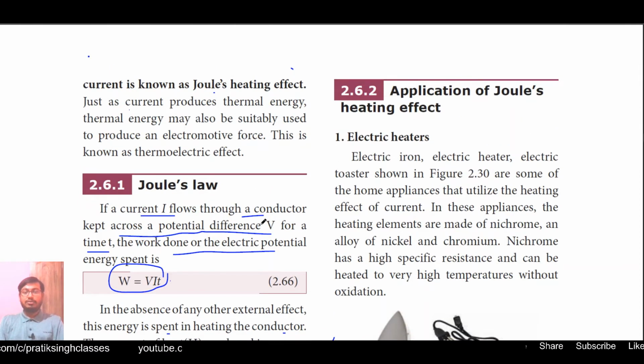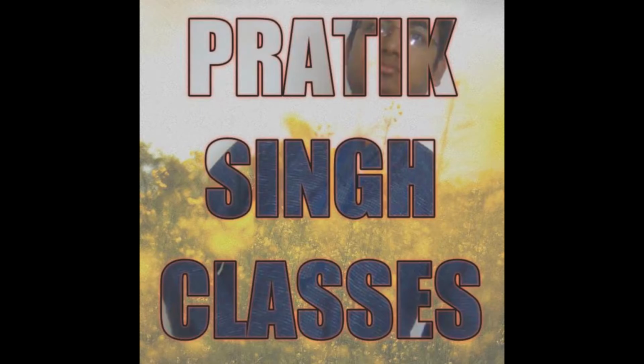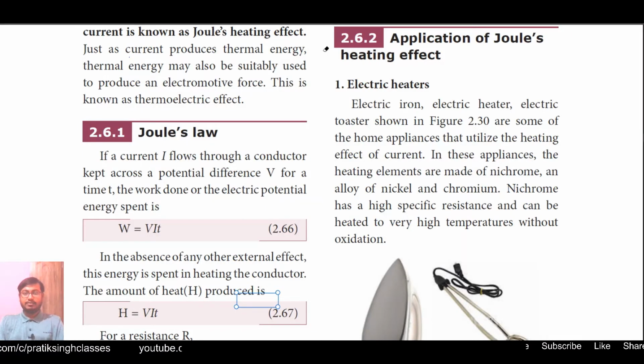Now coming to section 2.6.2, that is application of Joule's heating effect. Okay, it is very much related to our day-to-day life, so it is going to be interesting. All right, fine. Electric heaters, you might have seen electric heaters at your home.